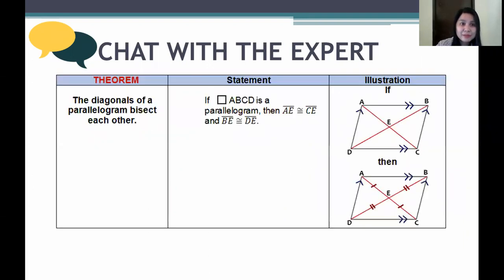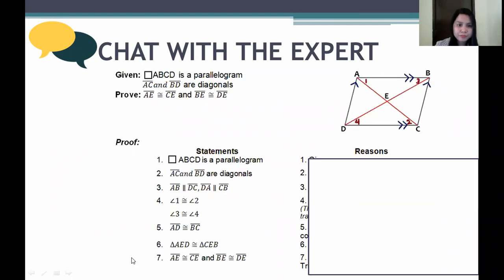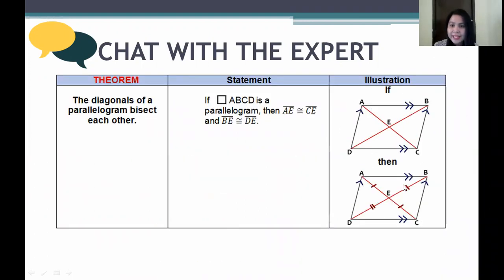Now, let's go to the next one. The next theorem states that the diagonals of a parallelogram bisect each other. Example, if ABCD is a parallelogram, then their diagonals will bisect each other. It means that if AC measures 12 cm in all, then it will be cut into half.